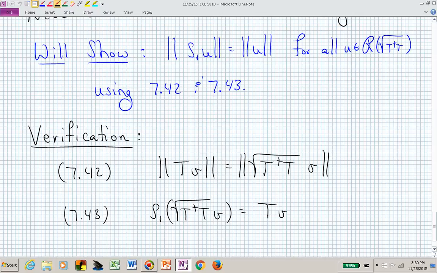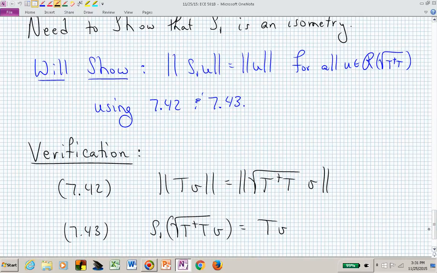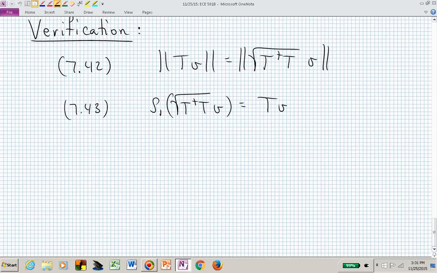We have the norm preserving property of this positive operator, the square root of T dagger T, and we have the definition of this map S1, which we've now shown is well defined and is a linear map. Now we want to show that indeed it is an isometry. And remember the definition of an isometry: the norm of S1u is equal to the norm of u for all u. Let's see if we can do that.